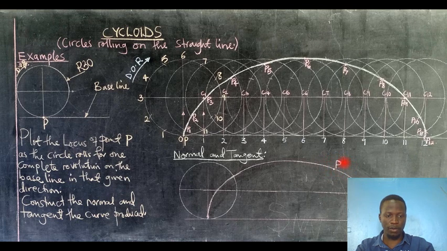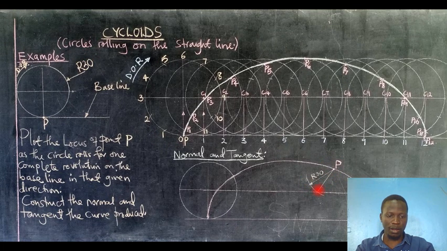Having obtained this point P, we are going now to use the radius of the circle, which is 30 millimeters. We put our compass at P, we make an arc, and when you make an arc, it will give you that point.